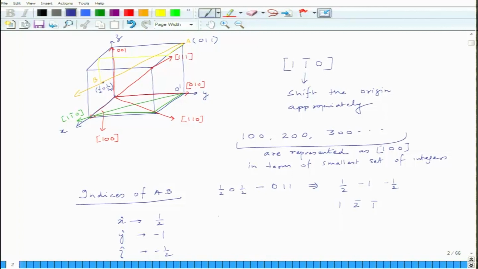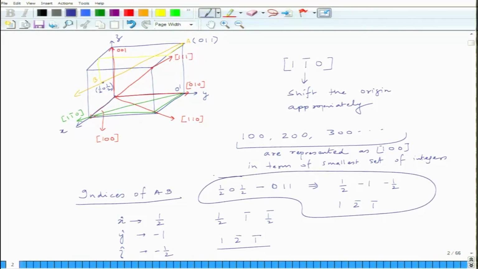So my UVW, my direction, is half, minus 1, minus half, and if I multiply this by 2, it will be 1 bar 2 bar 1. I get the same answer, right? Both ways are fine. So this is how you determine the indices of any direction, which is nothing but a vector.